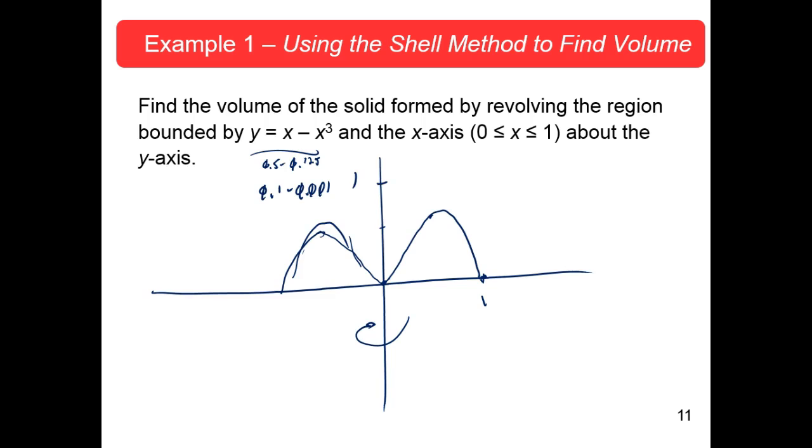So doing the dx is going to be much better. Here's your dx. And what's the height of that? That's your y, isn't it? Because you're going from the x-axis.